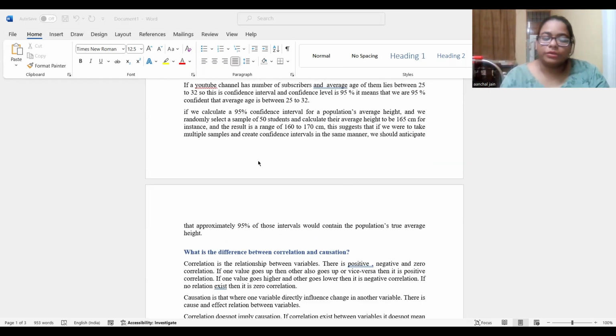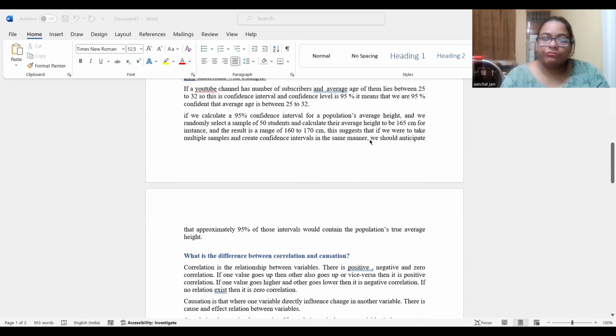Take another example. Suppose we calculate the 95% confidence interval for population's average height and we randomly select a sample of 50 students. Then calculating their average height is 165 centimeter, for example, okay, and the result is in the range of 160 to 170 centimeter.